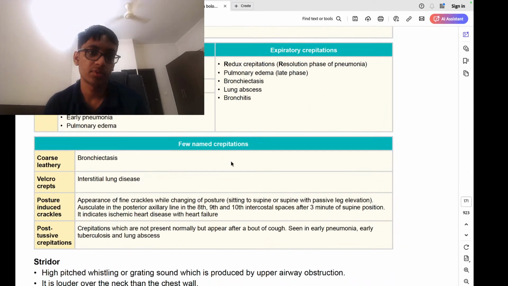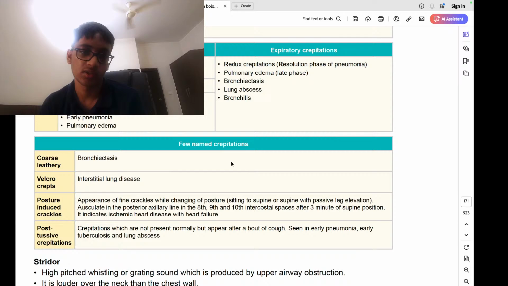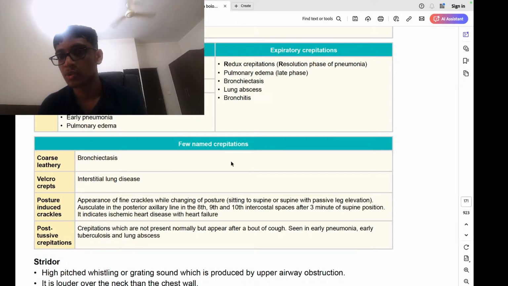In inspiratory crepitations, early: early bronchiolitis; mid: bronchiolitis and resolving phase of pneumonia; late: interstitial lung disease, asbestosis, early pneumonia, and pulmonary edema. Expiratory crepitations: resolution phase of pneumonia, pulmonary edema late phase, bronchiectasis, lung abscess, and bronchitis.